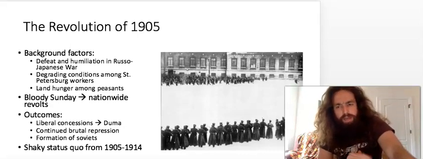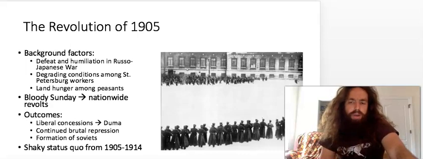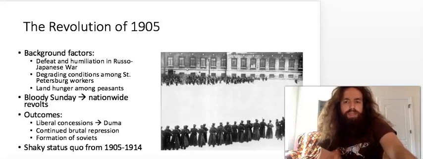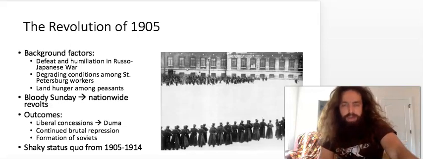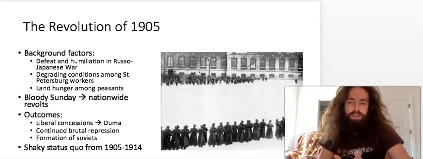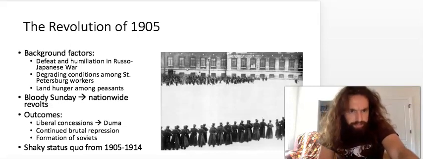This comes as a huge blow to the Russian self-image as an advanced European power, and a lot of people view this as a total disgrace and a total discrediting of the Tsarist government. Of course, racist and social Darwinist ideas were still around at the time, so many Russians who considered themselves to be European thought that this was a total humiliation because they were being beaten by a non-European power.